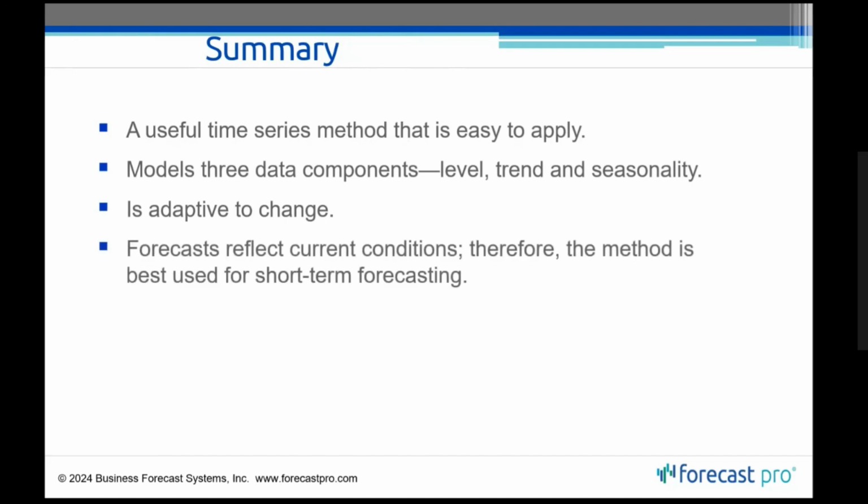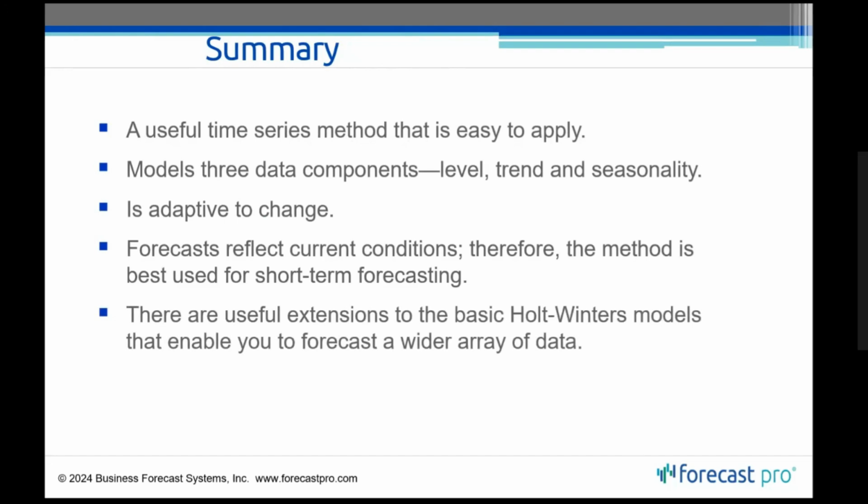The forecasts reflect current conditions, those final values we've been looking at. And because it reflects current conditions and we know things will change in the future, it's best used for shorter term forecasting. For monthly data sets, maybe 12 to 18 months might be typical. There are some very useful extensions to the basic Holt-Winters models, and we've taken a look at a few of them. There are others.